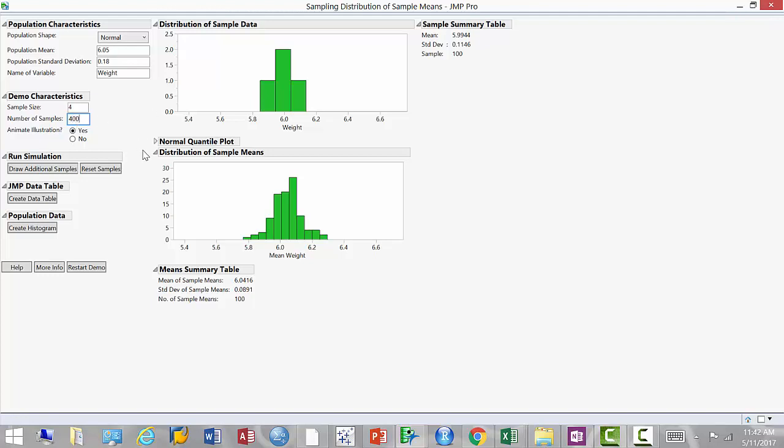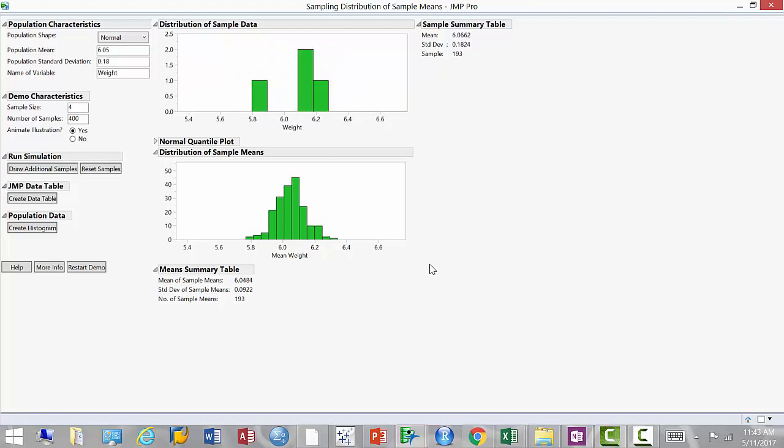That probably should give us enough of the shape, enough details. So I just click draw additional samples, and it starts taking samples more and more, and they add, of course, to my sampling distribution, right? I'm going to leave it alone so that it can work without interruptions.